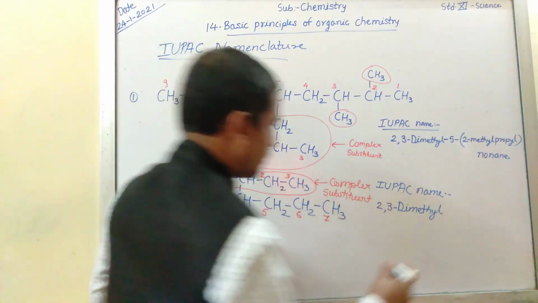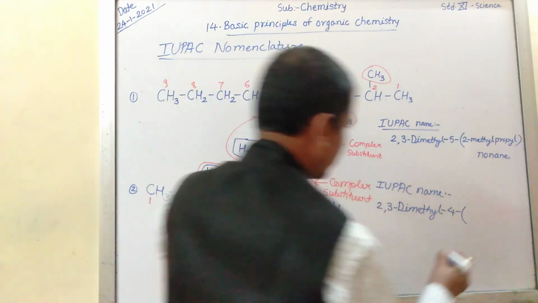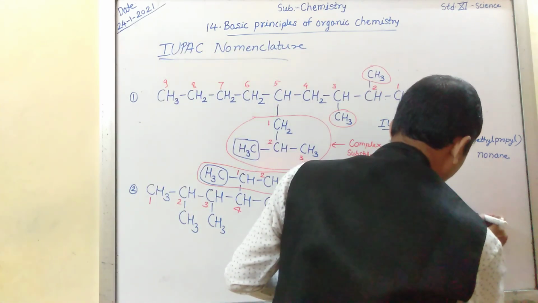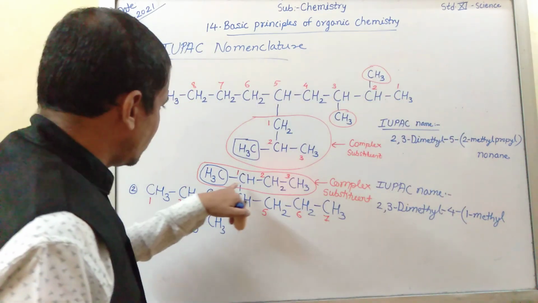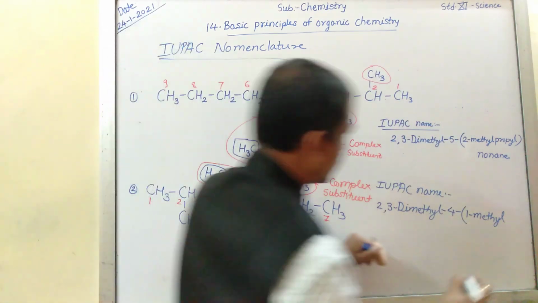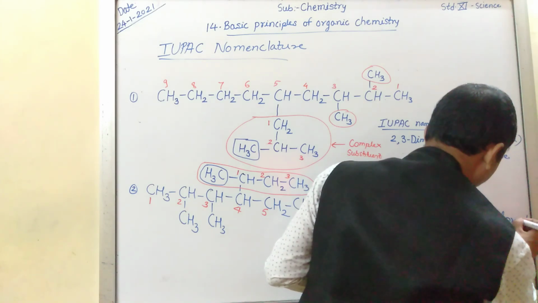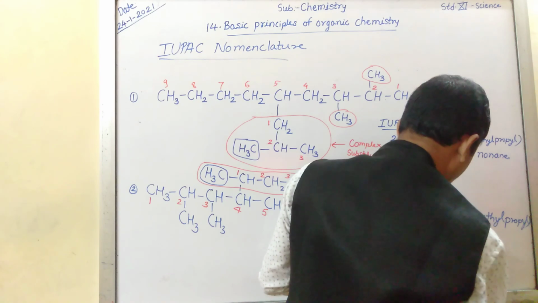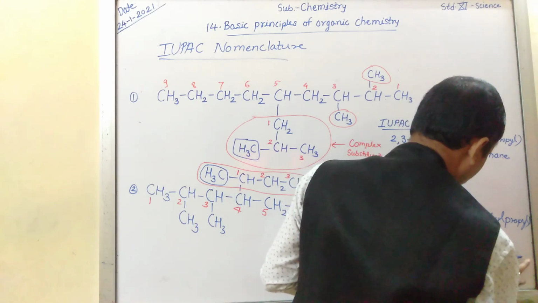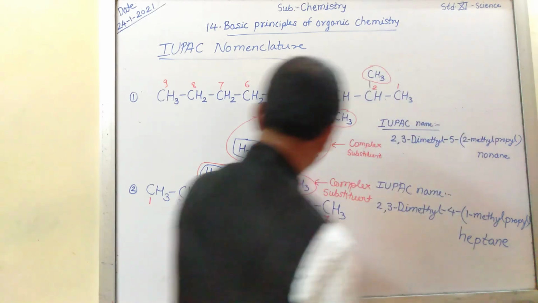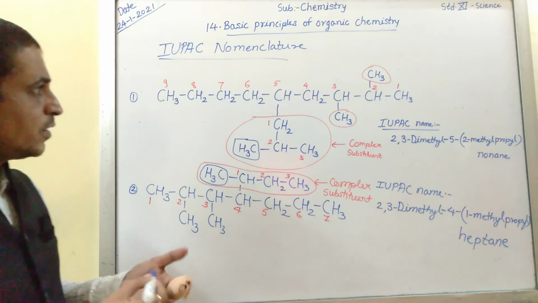At the fourth carbon atom there is a substituent, so put 4 dash in the bracket 1 methyl. Again here there are 1, 2, 3 carbon atoms, so it must be a propyl group, and here it is what? Heptane, because the longest chain contains 7 carbon atoms, 1, 2, 3, 4, 5, 6, 7.